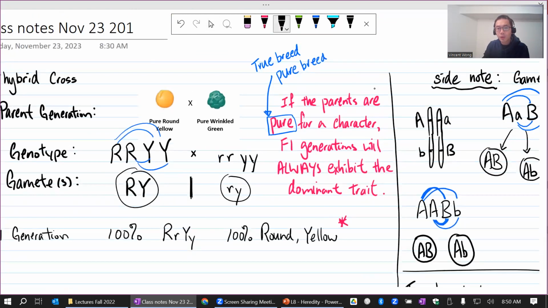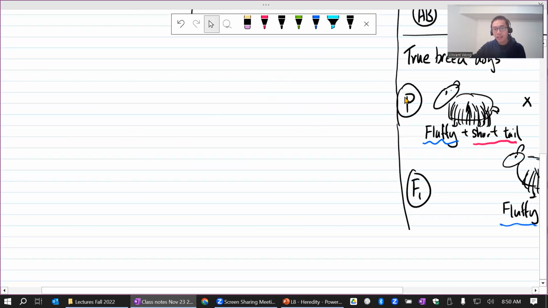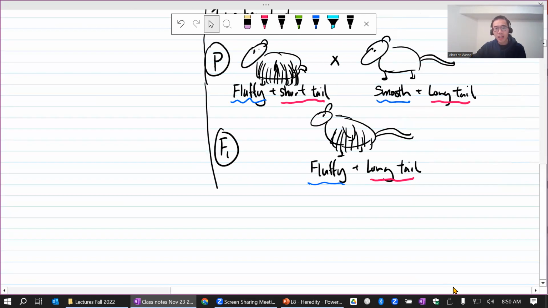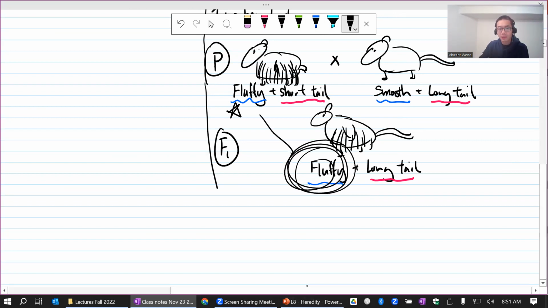If the parents are pure for a character, in this case, fluffy, smooth, long tail or short tail, the F1 generation will always exhibit the dominant trait. Meaning, if I look at the F1, whatever the F1 looks like, that's the dominant trait. Right? The fluffy is dominant because the F1 is fluffy.